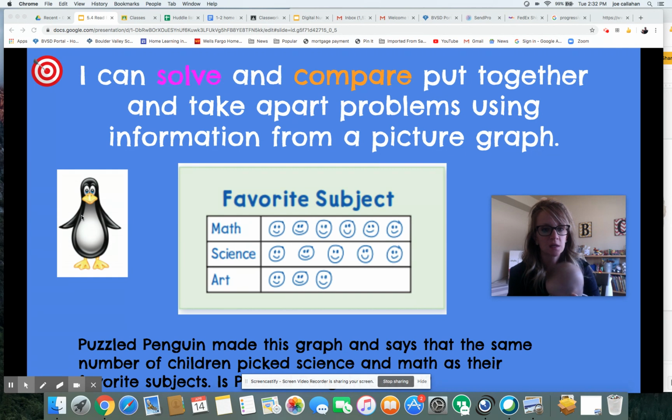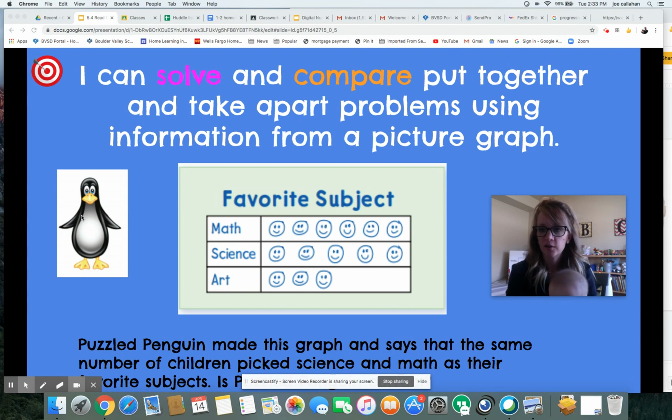So this is the pictograph that he made. He says that the same number of children picked science and math as their favorite subject. Do you agree with Puzzled Penguin? Or do you disagree? I want you to pause the video now and jot down on a piece of paper, I agree because, or I disagree because.